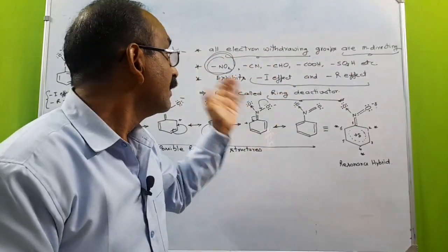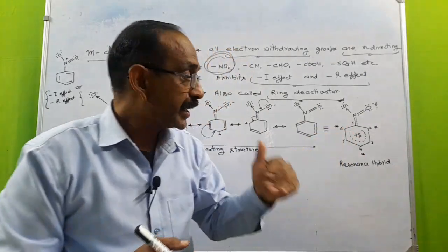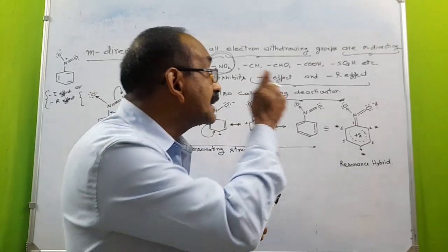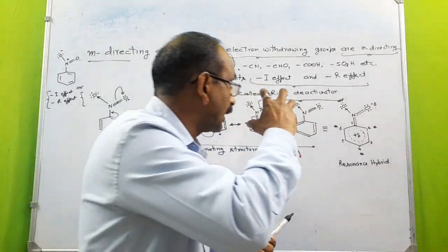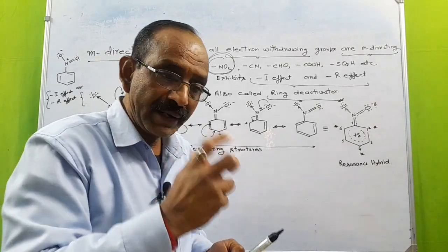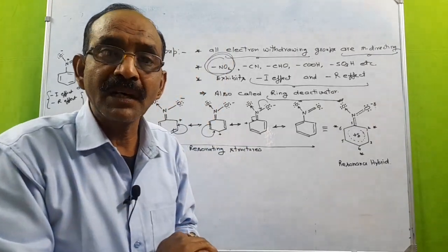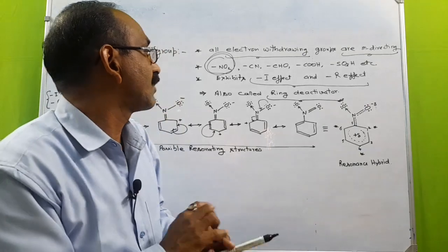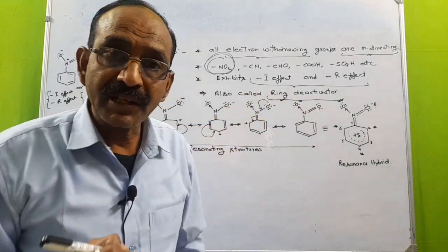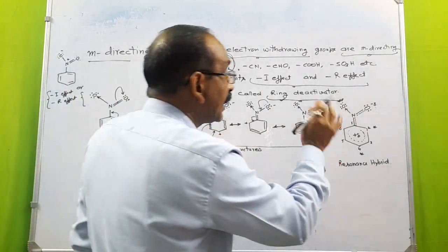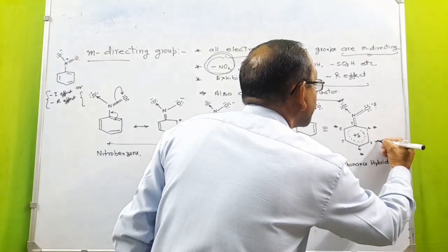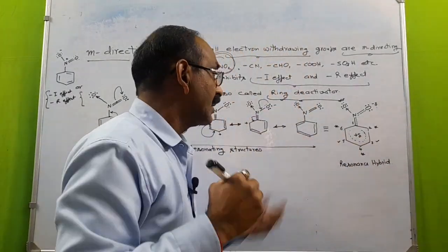So in this way, the NO2 group reduces the density of the electron over the ring, means it makes the ring less reactive towards the electrophilic attack, and that's why these are also known as ring deactivators. Is it clear?